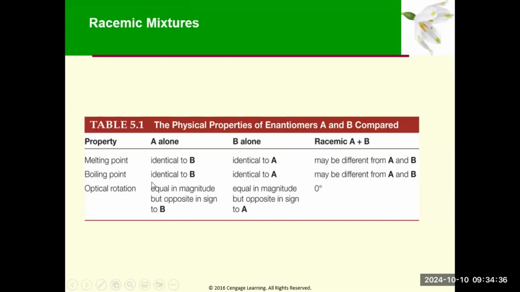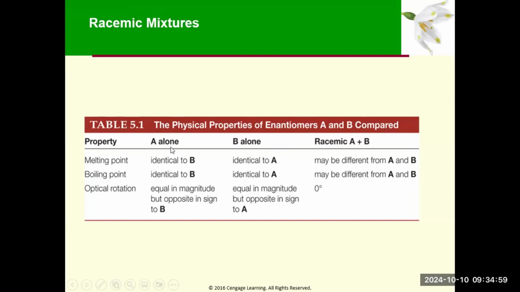All right, so again, if we have enantiomers, you have one enantiomer that we're going to call A, and one that we call B. And then racemic, look at the word racemic. Racemic is when you have a mixture in a 1-to-1 ratio. So it's a 50-50 ratio. You have the exact same amount of A as you have of B. So let's look at some of these properties.